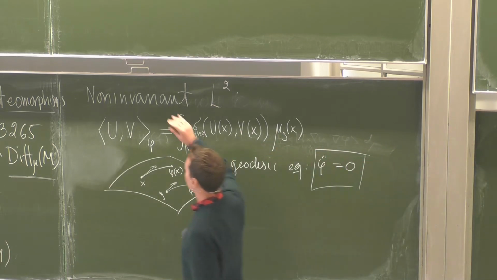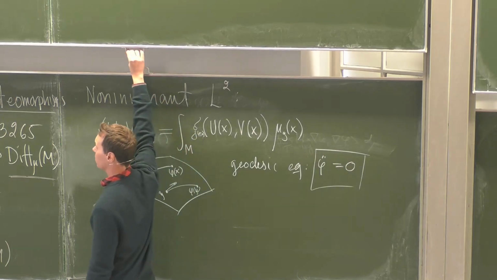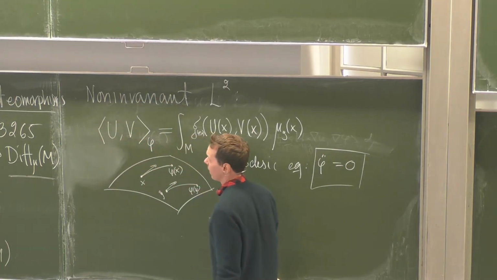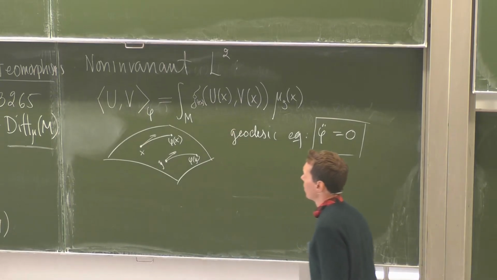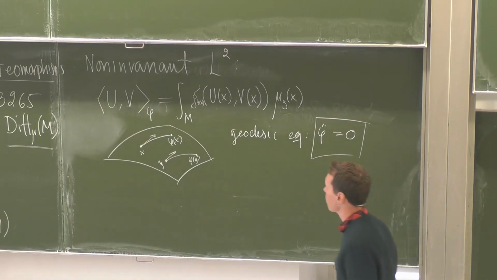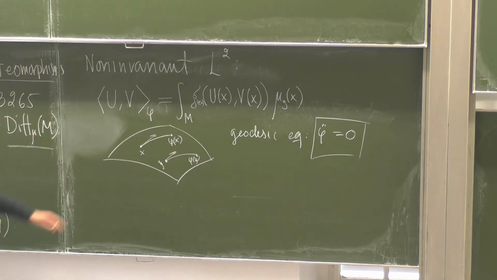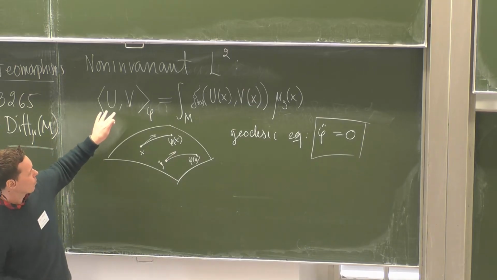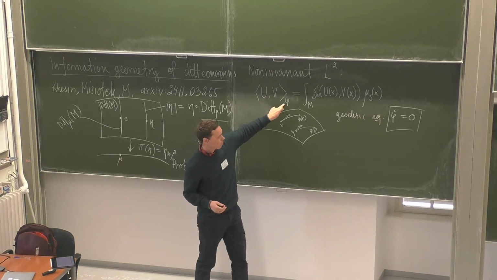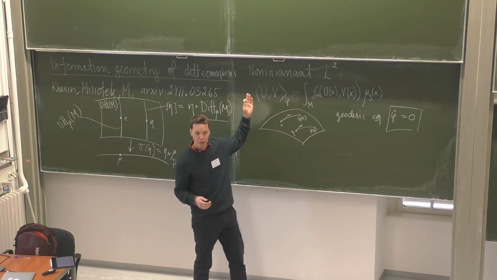Okay, but now let's talk about geometry again, and think about invariance properties. We have now expressed this metric in terms of tangent vectors above this point, but since we're on the Lie group, we can take these tangent vectors and translate them back to the identity to get vector fields.